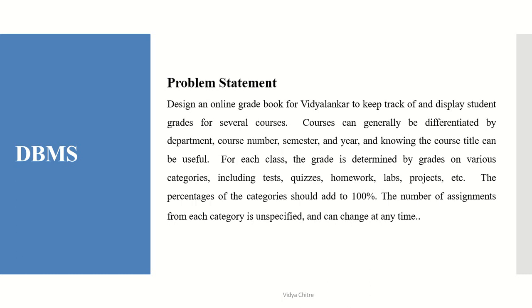For each class, the grade is determined by the grades of various categories such as tests, quizzes, homework, labs, projects, etc. The percentage of the categories has to add up to 100%, and the number of assignments can vary. It may be 1, 2, or unspecified, and the instance can be changed.